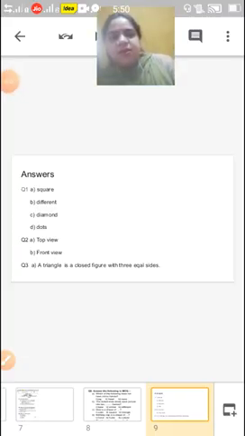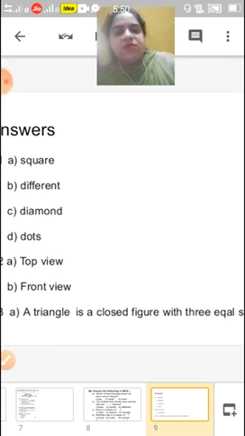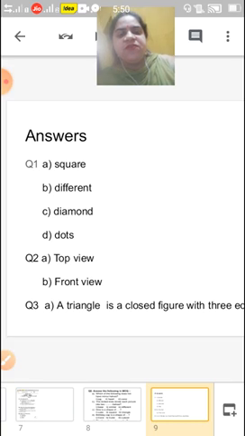Now children, let's have a look at our solution. I have given you the solution also. Question first. Your answers are here. Square, different, diamond, dots. Okay children. Now come to our second question. Top view, front view. Now third question.